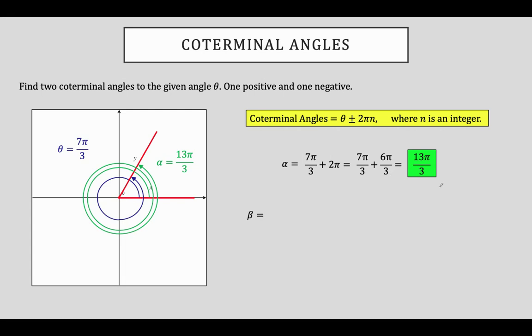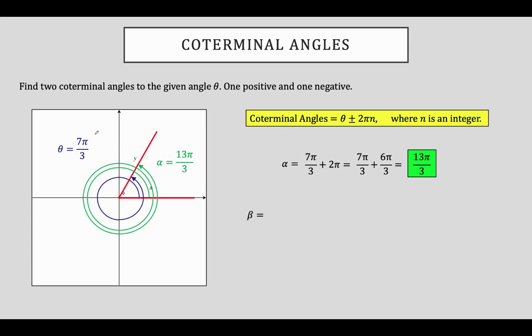All right, let's find another coterminal angle, and in this case, let's find a negative one. If we're going to find a negative coterminal angle, that means we need to subtract a multiple of 2 pi. Well, notice that because our given angle is greater than 2 pi, subtracting 2 pi is not going to give me a negative value.